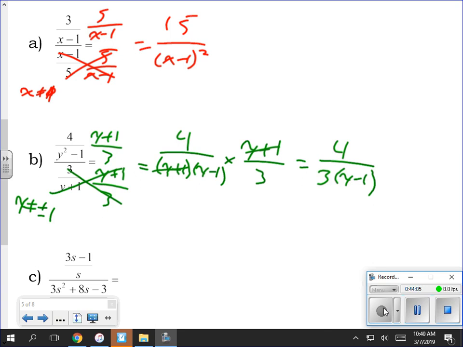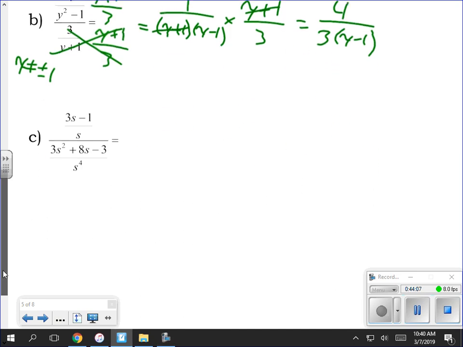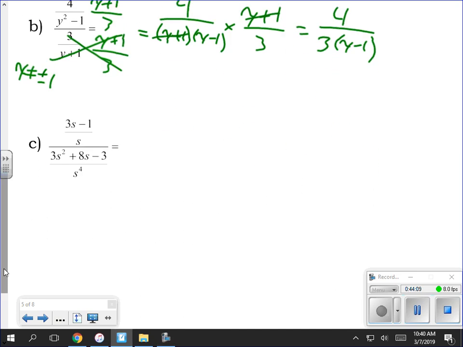So if I do this next one, okay, s can't be 0 because that'll give me 0 here. And I also can't get 0 here in this one. So what I want to do is multiply by s to the 4th power over, and I'm going to go ahead and factor the denominator here.